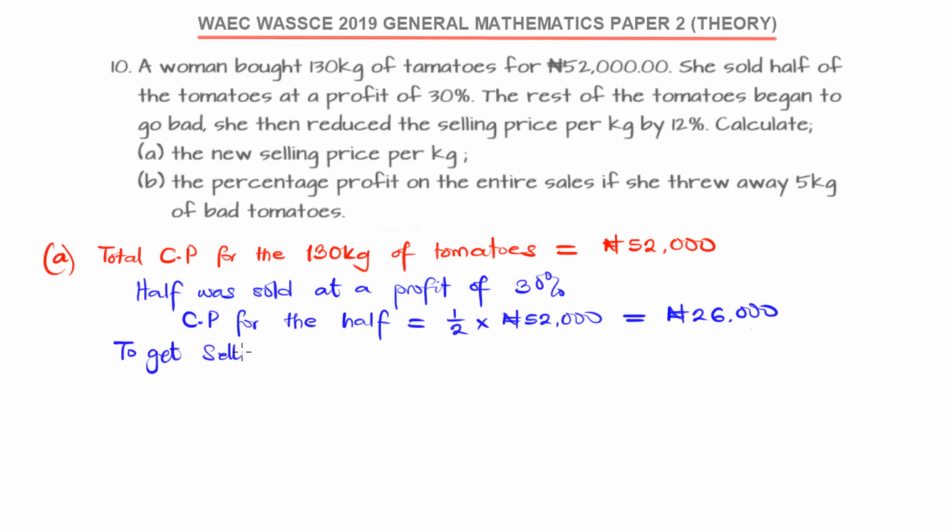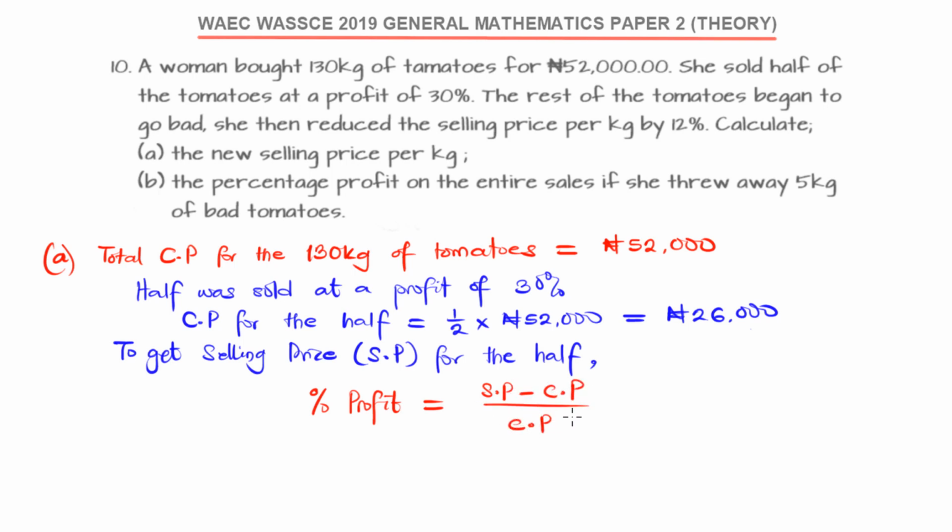Now, for us to get the selling price for this particular half that was sold at a profit of 30%, we can use the formula for percentage profit, which is selling price minus cost price over cost price times 100. We want to get the selling price. We have been given the percentage profit, which was given as 30%. So it's selling price, which you are looking for, minus the cost price, which is 26,000 naira, divided by the cost price, 26,000 naira.